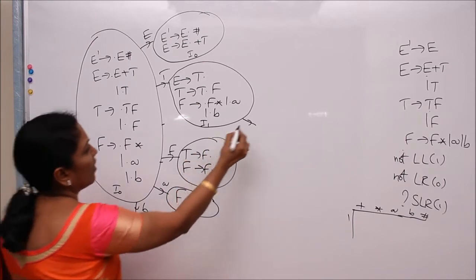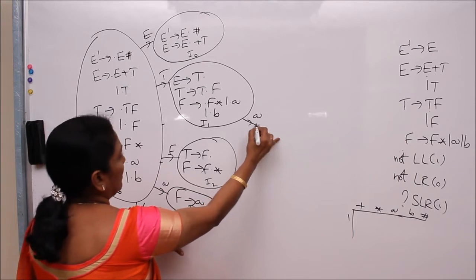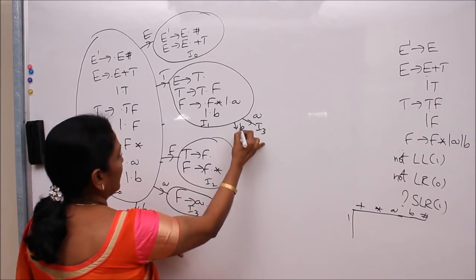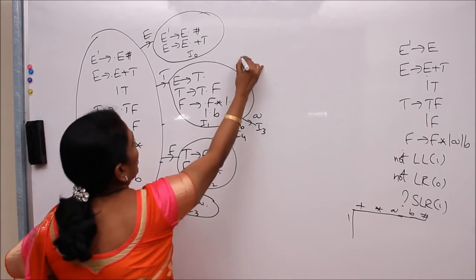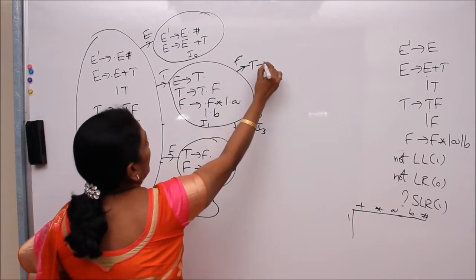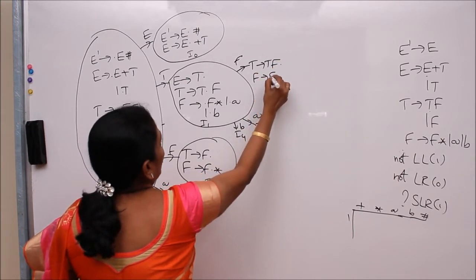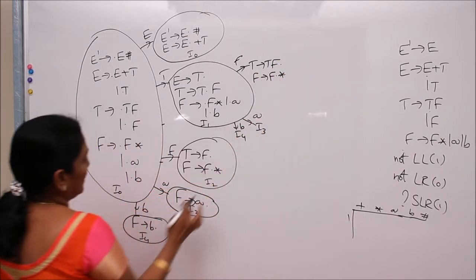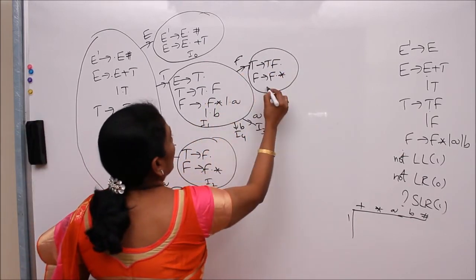Now if I consider on A, it would be I3, on B I4, whereas on F it would be T2 TF dot, F2 F dot star. Is it matching with anything? No, it's a new state, so name this as I5.